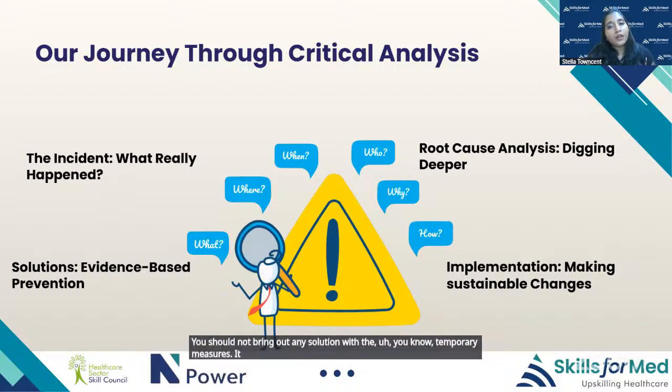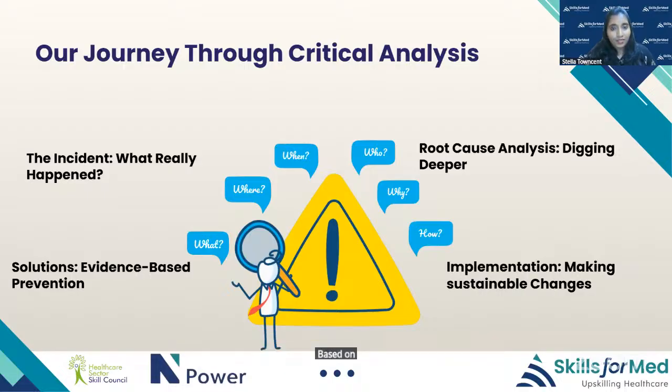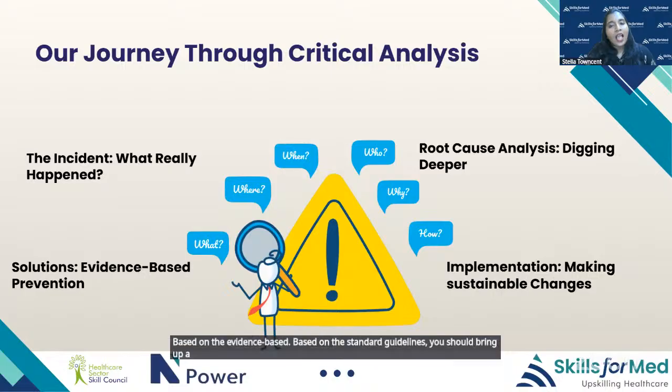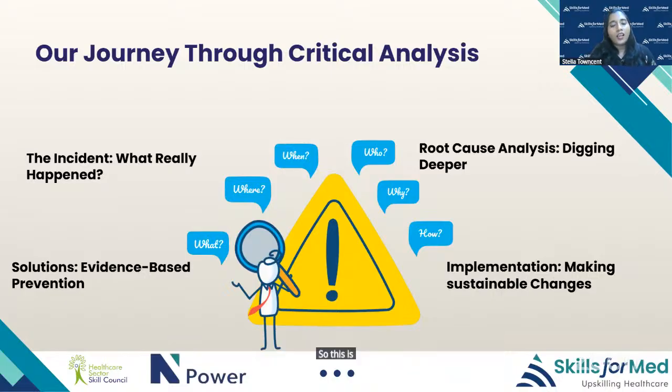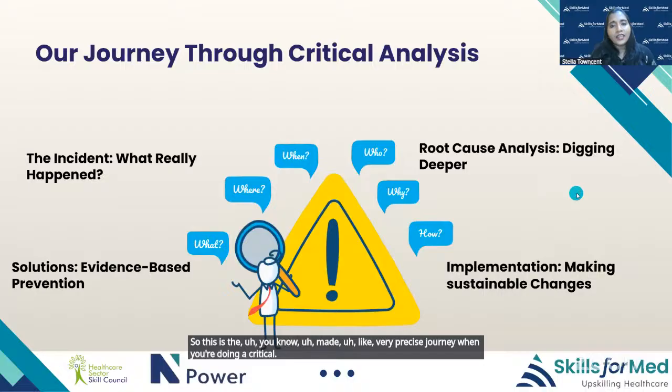It should be a permanent, sustainable measure, based on evidence and the standard guidelines. The implementation must be a permanent one. So this is the very precise journey when you're doing a critical incident analysis.